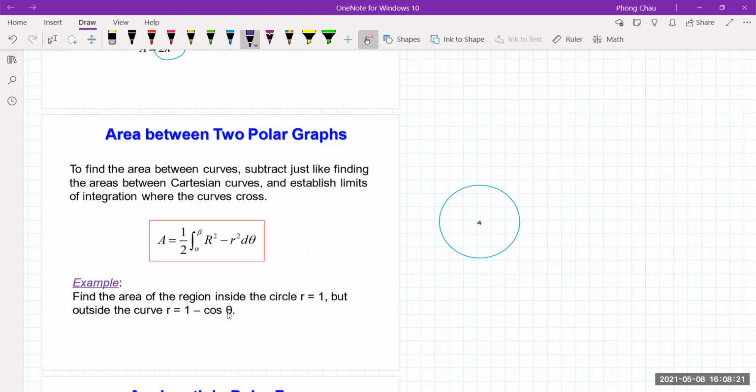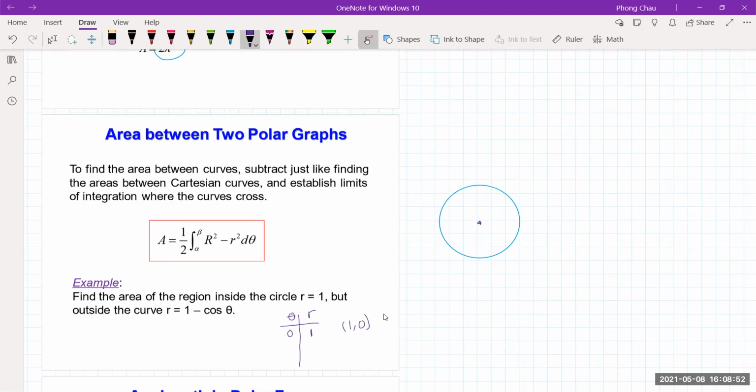Cosine 0 is 1, so 1 minus 1 is 0. I'm just doing it manually.